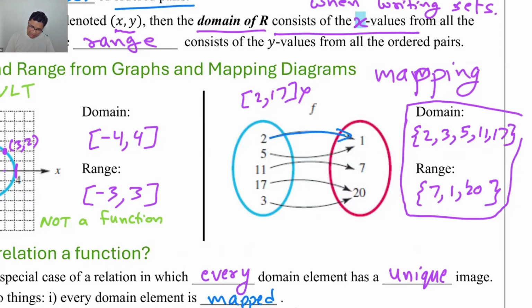Image of 2 is unique and image of 5 is also unique. The image happens to be the same. 2 is also mapped to 1, 5 is also mapped to 1, but for each of them individually, for 2 it is unique, for 5 it is unique. There is only one output, right? So all domain elements here have unique outputs. It is a function.